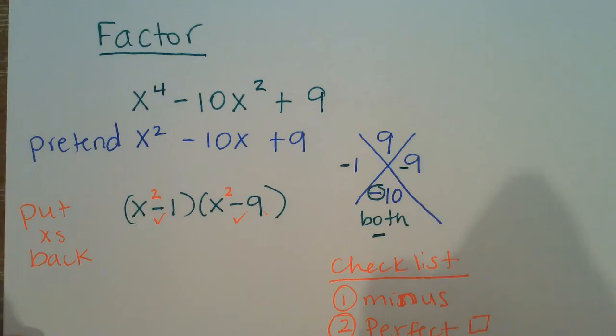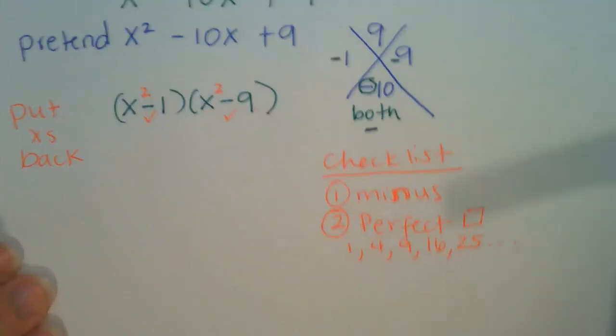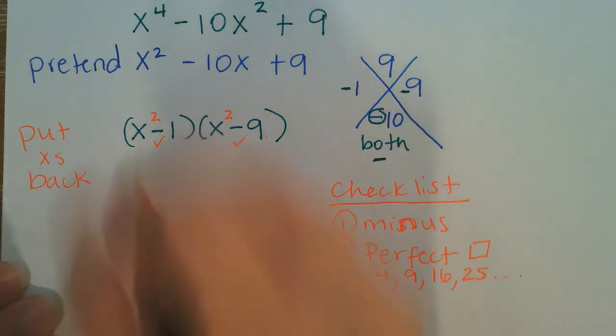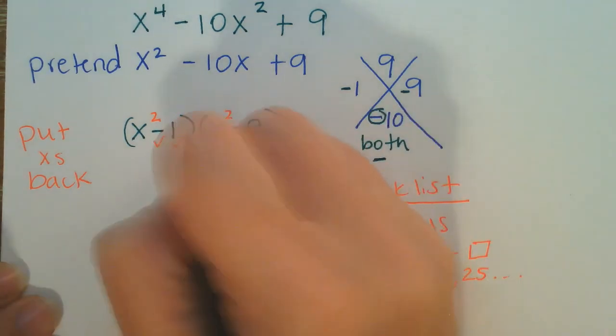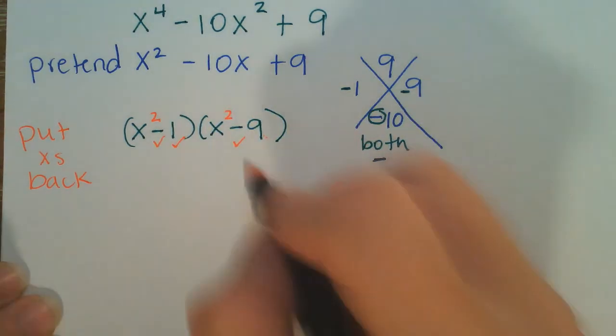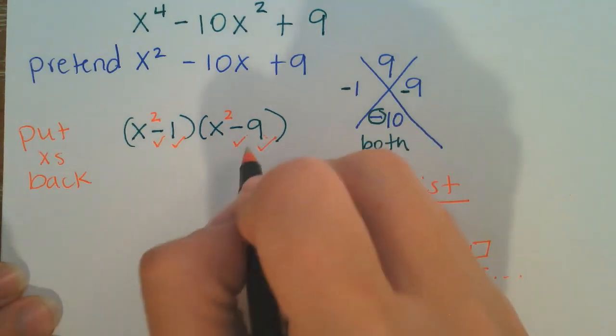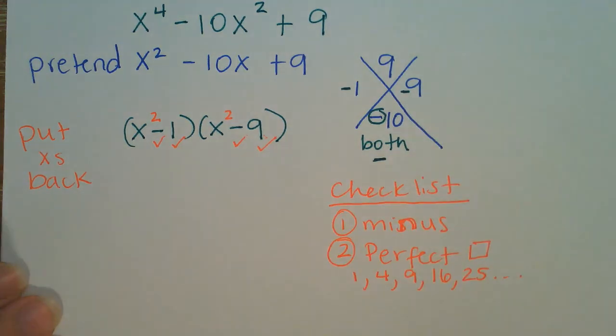So looks like yep, 1 is a perfect square and 9 is a perfect square. So I can actually factor both of these further.